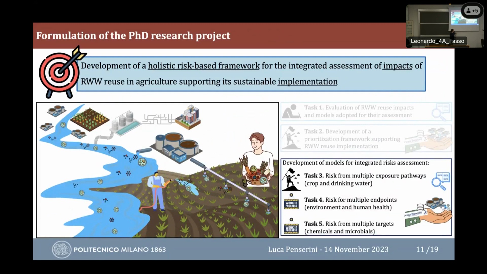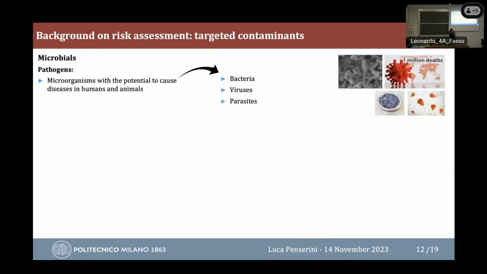Moving to the last part, namely the last gap, the risk part, I need before this to give a brief overview of the risk assessment procedure. First of all, with the risk assessment procedure we typically address 2 types of contaminants.